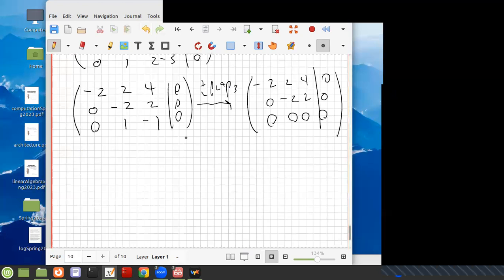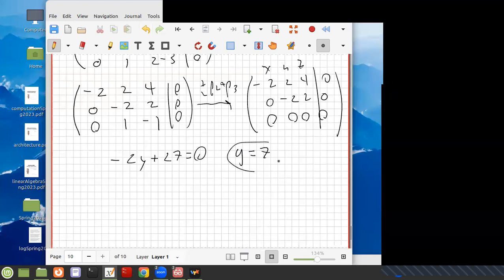So we have, this is like x, y, and z, so we have minus 2y plus 2z equals 0. So that's the same thing as y equals z, right? For this to be 0, y has to equal z, because we're solving for it. Then the last one is minus 2x plus 2y plus 4z equals 0.